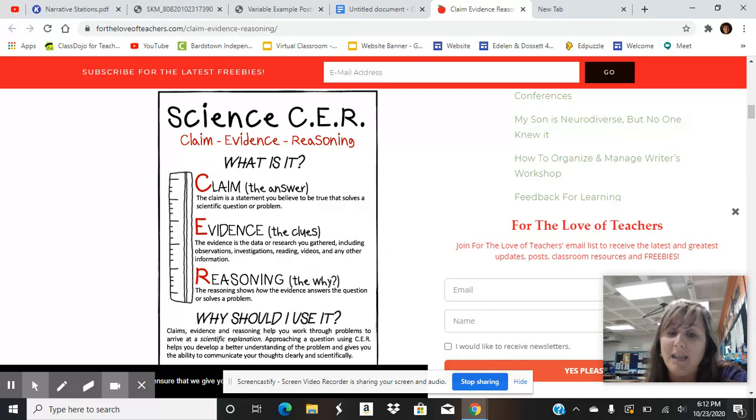The claim is a statement you believe to be true that solves a scientific question or problem. Then you're going to back your claim up with evidence and reasoning. Evidence is the clues that you come up with or that you see while you're doing your experiment. And your reasoning is the why. Why is this happening? What's going on? It shows how the evidence answers the question or how it solves the problem.